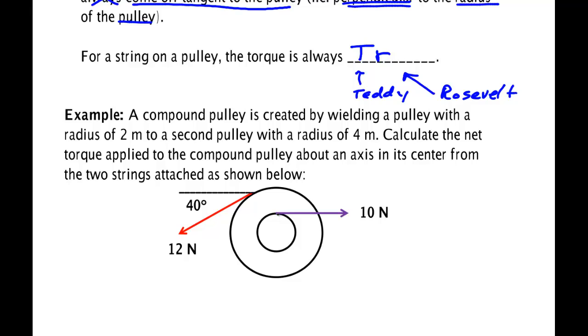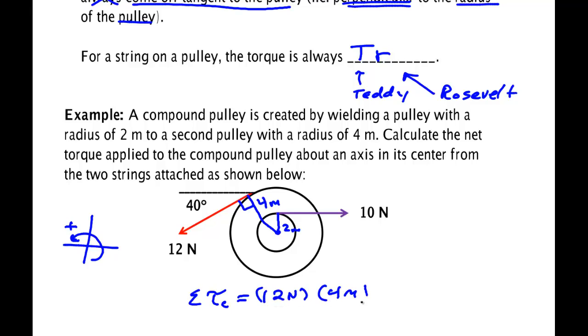So, for instance, as an example of that, here's a compound pulley in which this pulley here had a radius of 2 meters, and then there was a radius out here of 4 meters. And they give you this angle, but this distance, that radius, and this tension are perpendicular. So if I'm calculating the torques for this problem about this axis there, the torques about the center would be equal to 12 newtons times 4 meters.